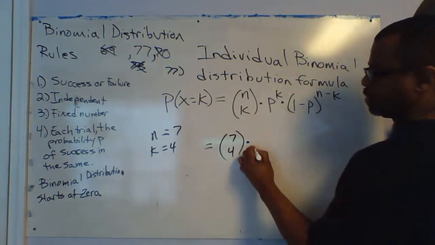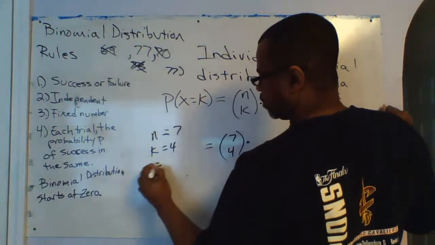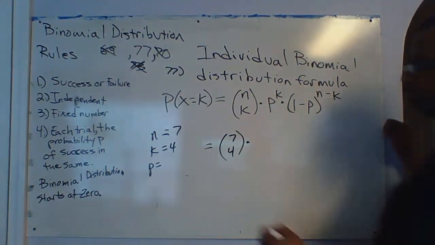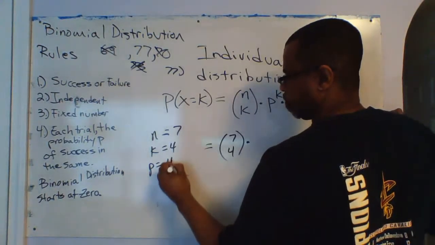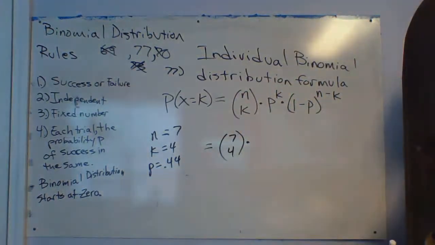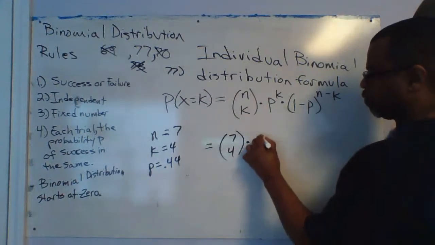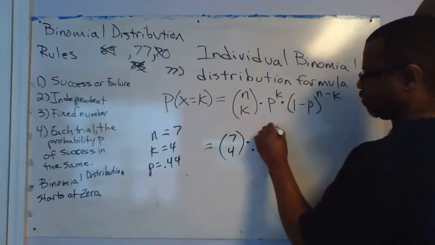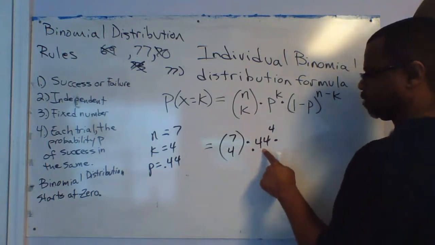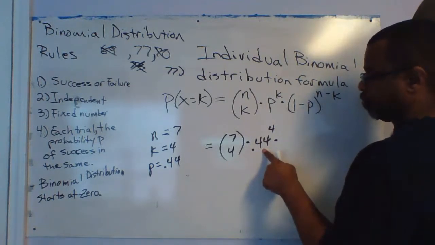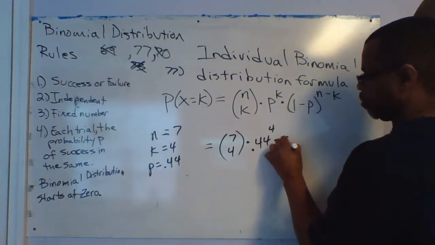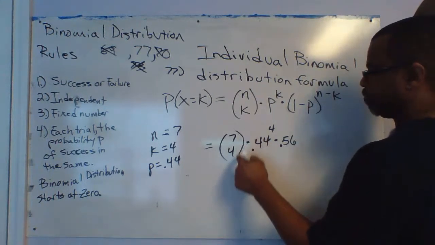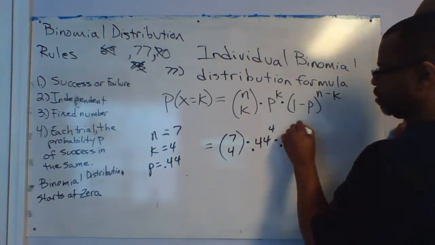And success was 44% for each, in the very beginning. So we're going to do 0.44 and raise that to the K, which is 4. Then we do the complement of 0.44, which is 0.56. Then we do 7 minus 4, so that's going to be 3.